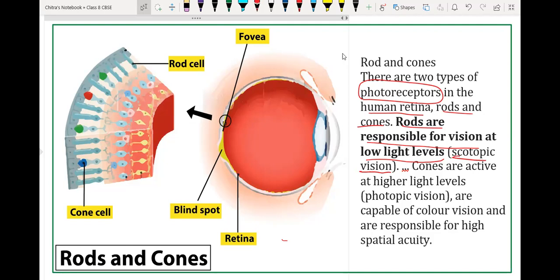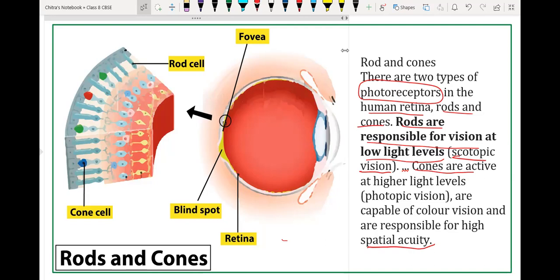Cones are active at higher light, meaning when there is bright light, then cone cells are responsible. They are capable of color vision and are responsible for high spatial acuity, meaning they form the colored image of any object when the light coming in is very bright.